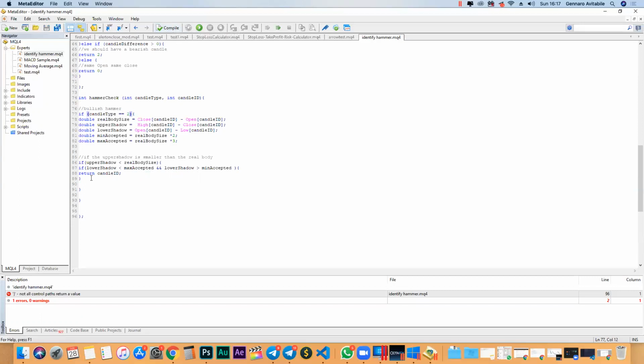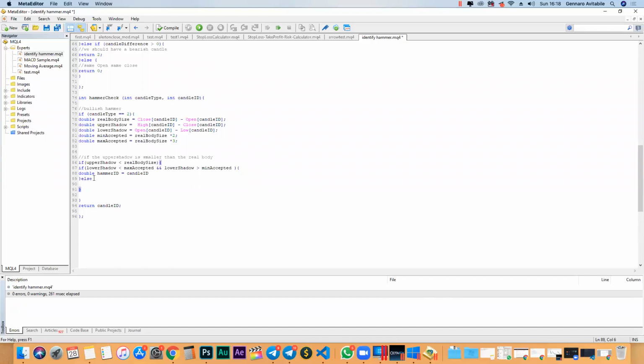For real. Okay, now we have that. Double value to ID. Return. Hammer ID is going to be equal to candle ID. Well, that's just for now.